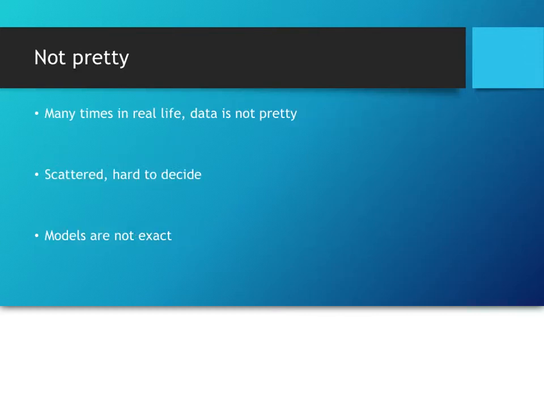But many times in life, the data that we get isn't pretty. There's a lot of times in life where you want to try to develop a model, and maybe you're going to have to base that model off of data that you've collected. Like for instance, what's the temperature going to be tomorrow.